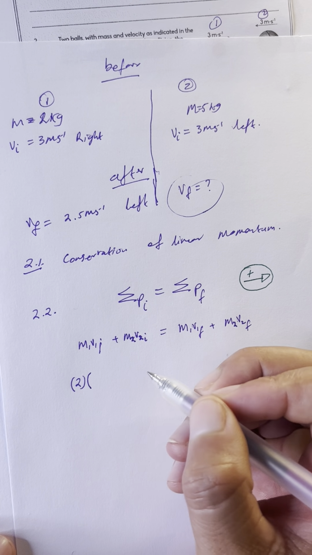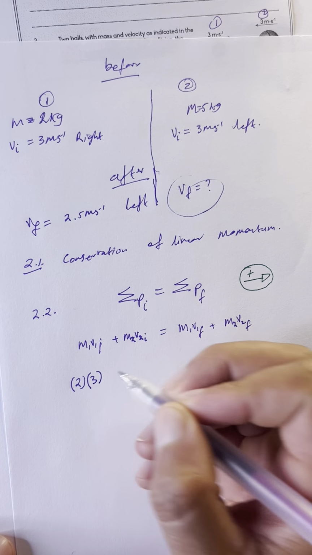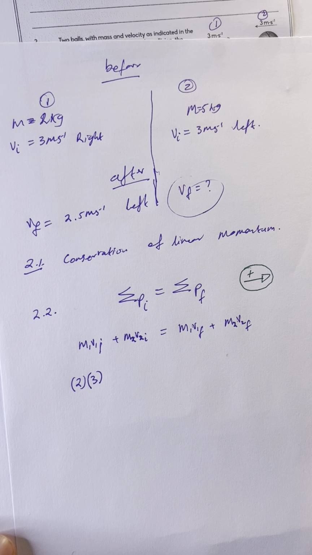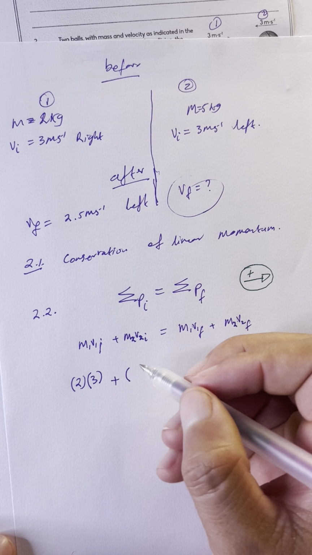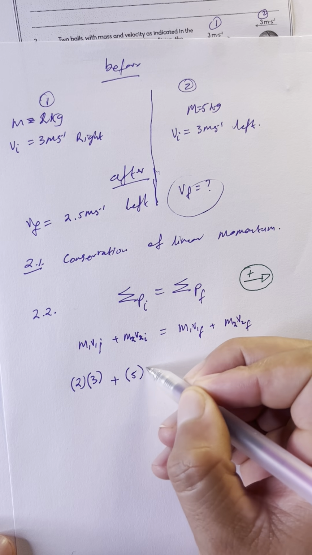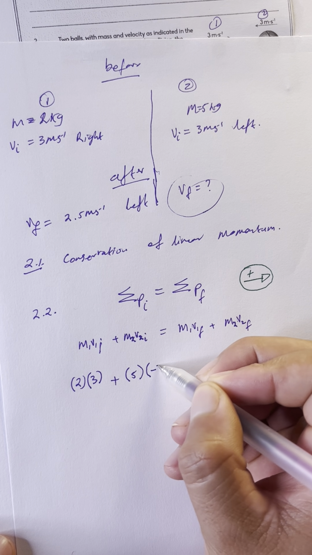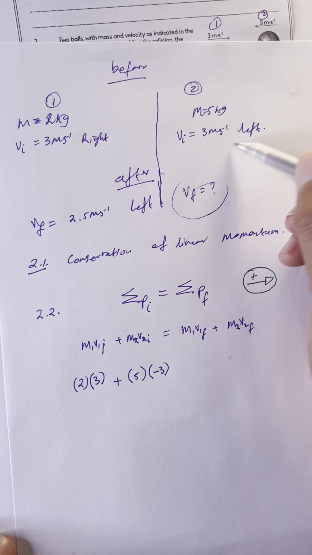So initial velocity of ball number 1 will be 3 meters per second, positive because it's to the right. Plus mass number 2 is 5 kilograms, and it was moving to the left, so it's minus 3 because this is to the left.